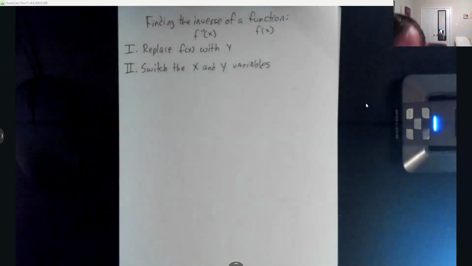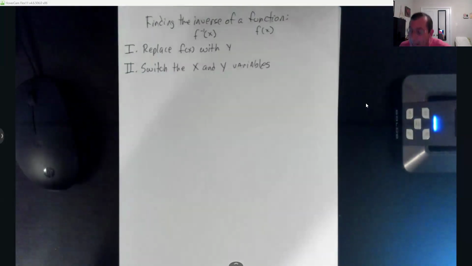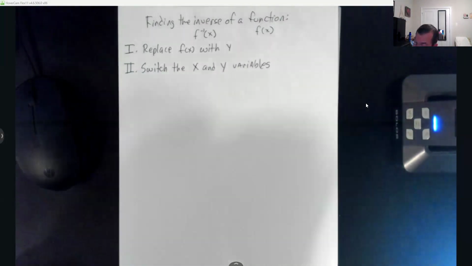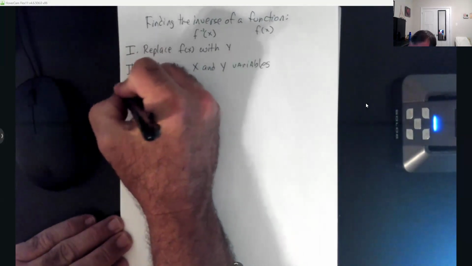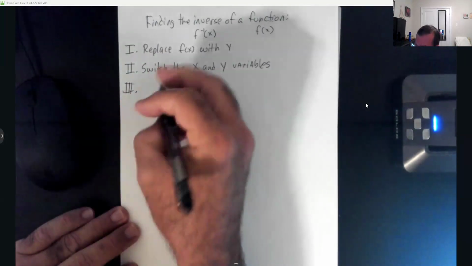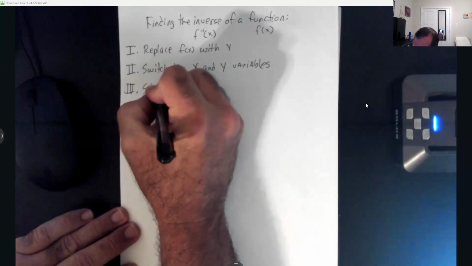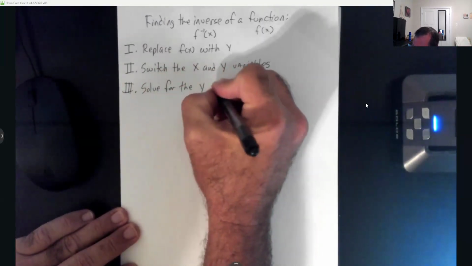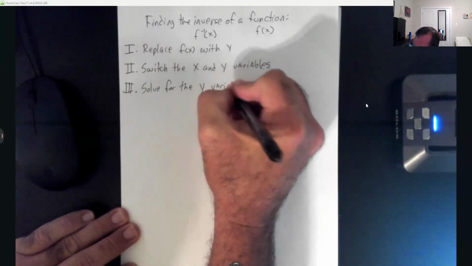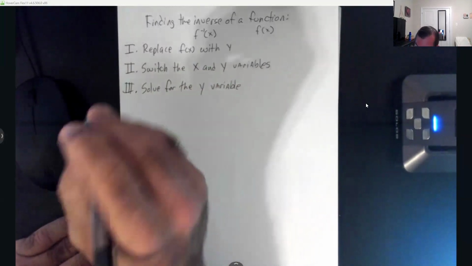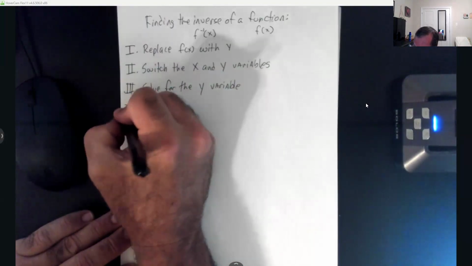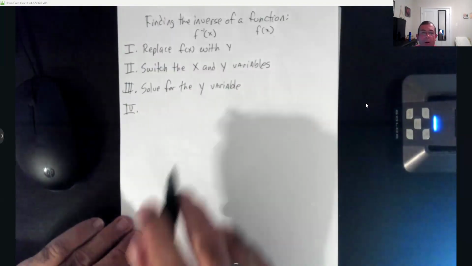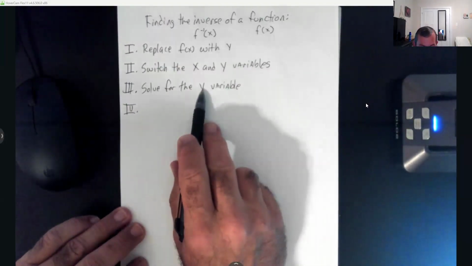All righty. All right, so we switched the x and y variables around. At that point, we're going to solve for the y variable. So y'all, at that point, I'll have it solved for the new y variable.